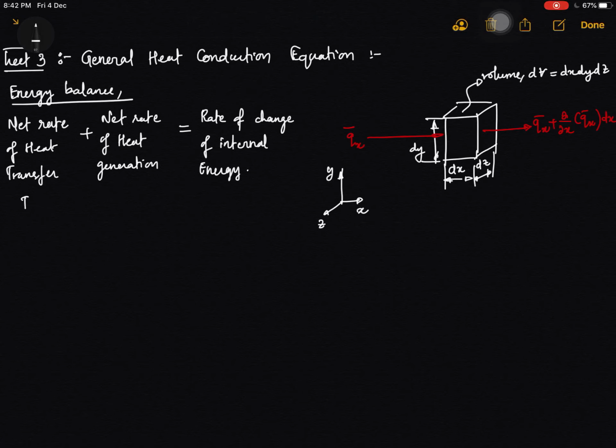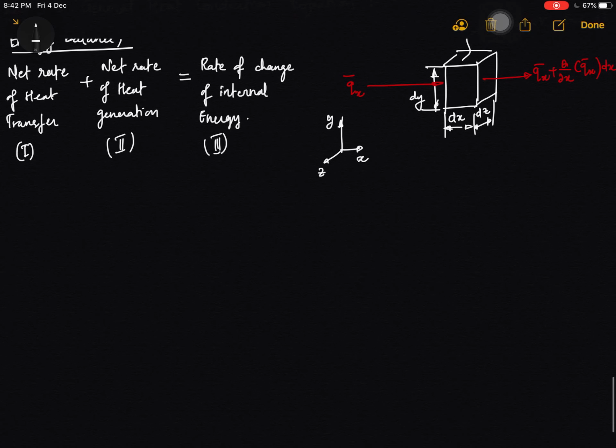So let's discuss each and every term in this equation. It has three terms: this is the first, this is the second, and this is the third term. Let's first go through the first term, the net rate of heat transfer through this particular element.